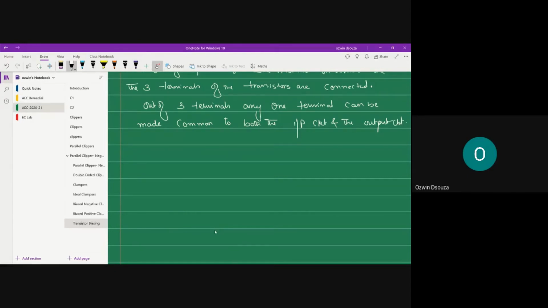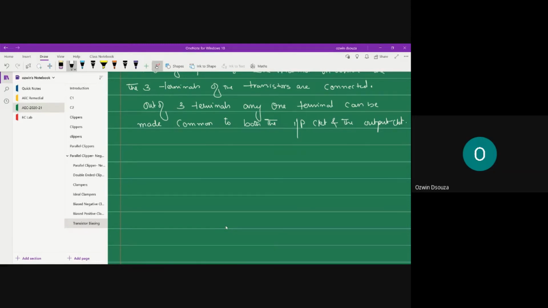So listen carefully. You have three terminals. Out of three terminals, you can take one terminal in such a way that that particular terminal is common to the input circuit as well as the output circuit.